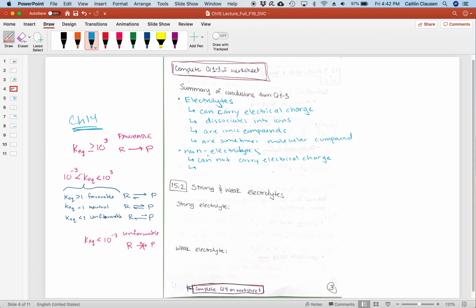And then they do not dissociate into ions when placed in water. So in water up here, they do not dissociate, and they are usually molecular compounds.